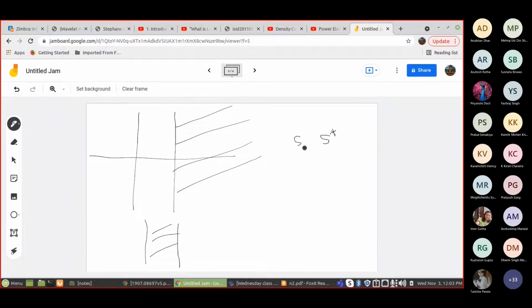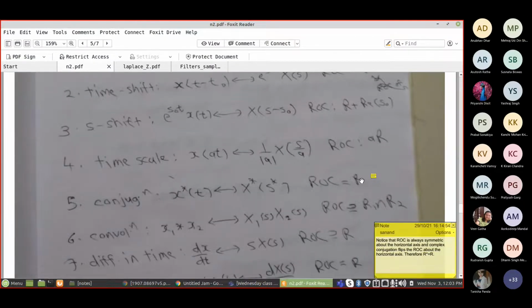When you take S star, the complex conjugate, you get back the same ROC. Had it been something like this, then the ROC would change entirely. So due to symmetry of the ROC region, you get the same R. Even though you are doing complex conjugation here, R does not change.